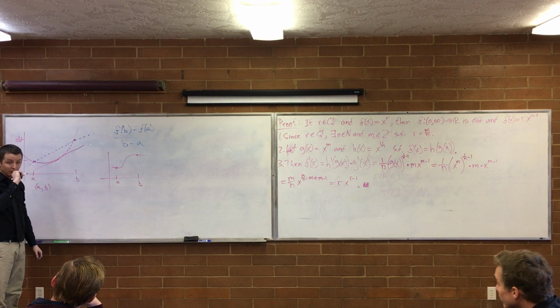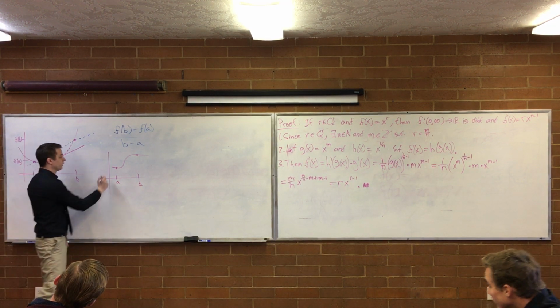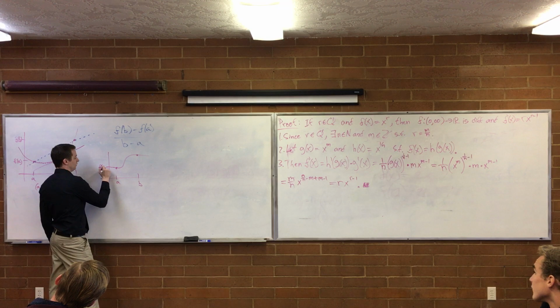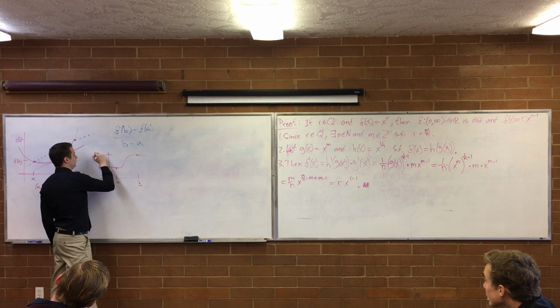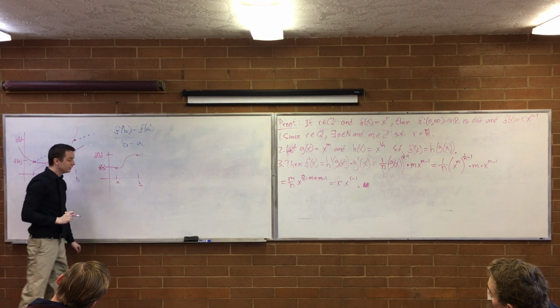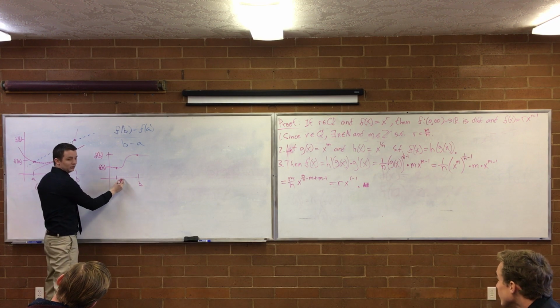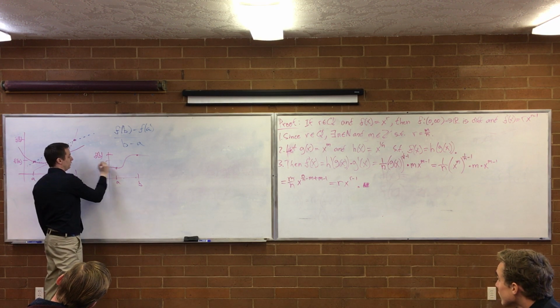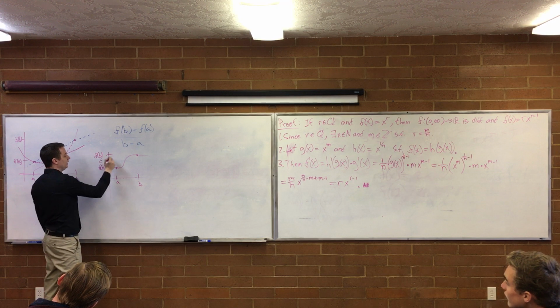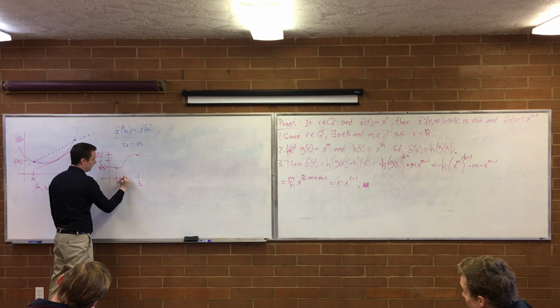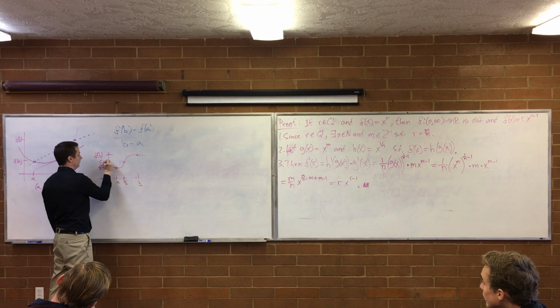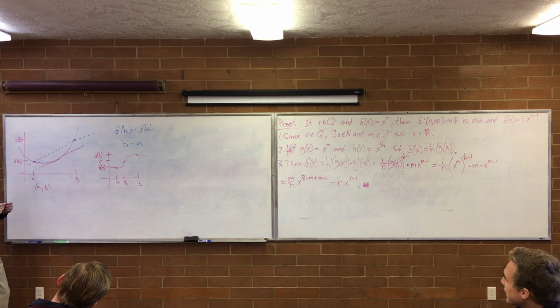Yes, exactly. So the intermediate value theorem says if this right here is f of a, and this right here is f of b, then you're guaranteed that for any point c you pick between them, there's a point x naught over here such that f of x naught equals c.